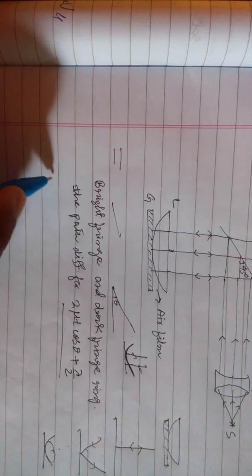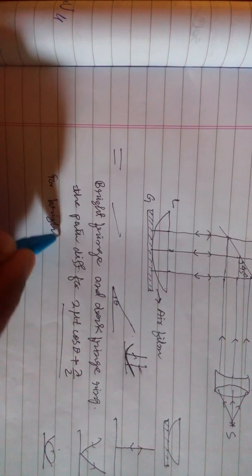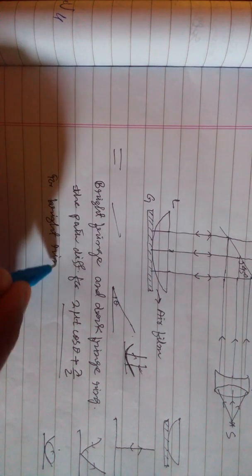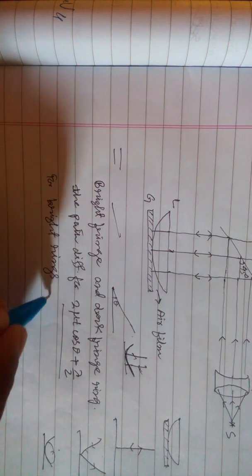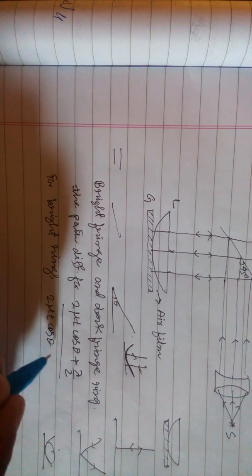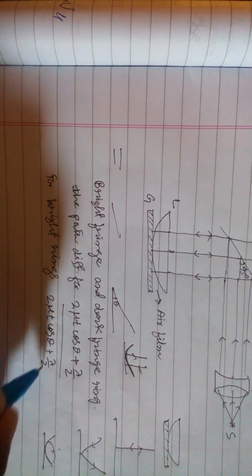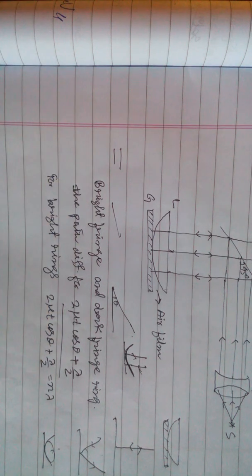For bright fringes, or bright rings, the condition for path difference is 2 mu t cos theta plus lambda by 2 equal to n lambda. This is the condition for a bright fringe.